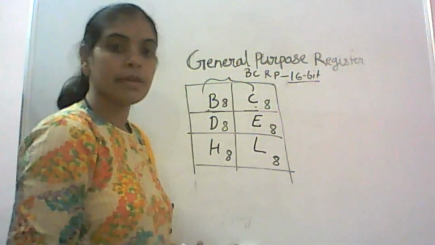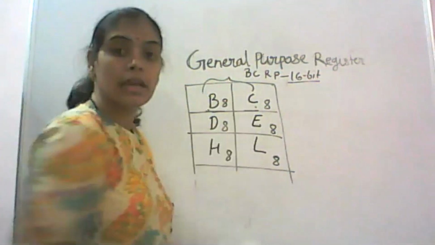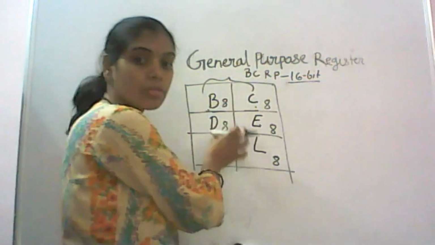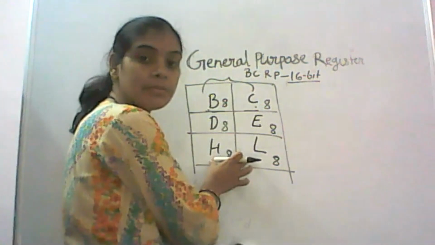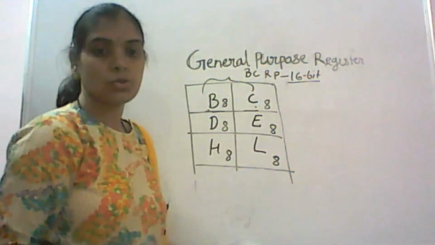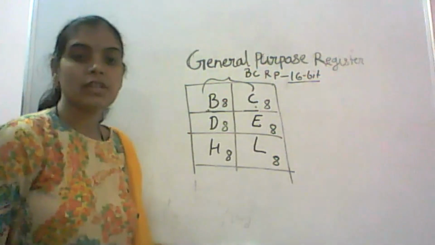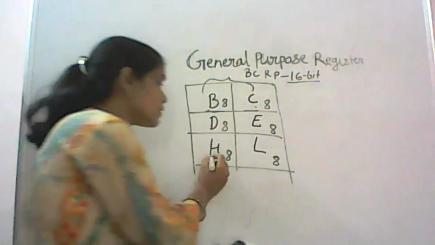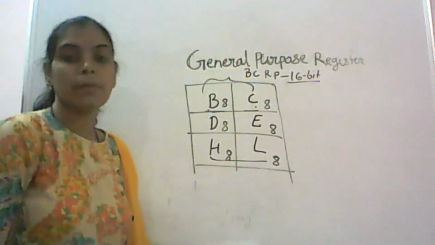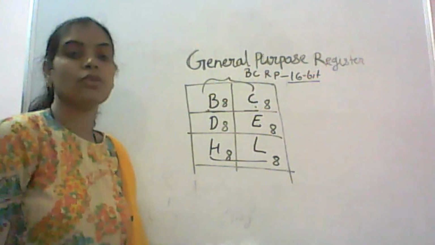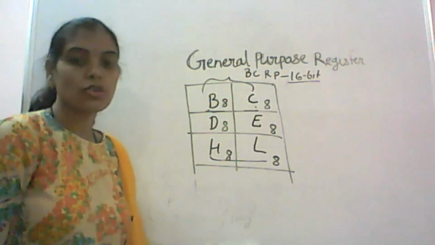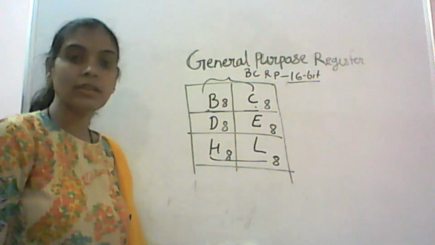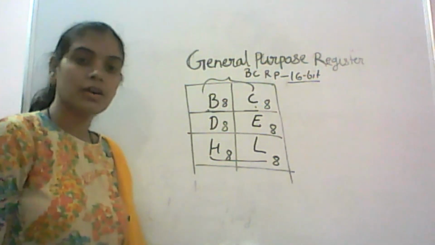Okay, 16-bit operation. Similarly, D, E register can be used as a DE register pair, and H and L register pair also. This HL register pair is also used as a memory pointer. Or you can say here M register for storing 16-bit address in some instruction in 8085.